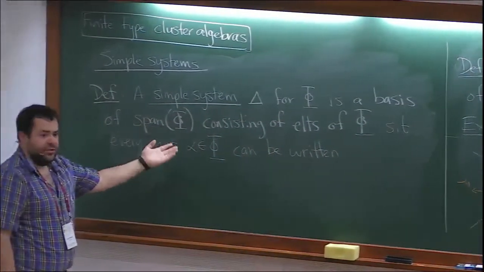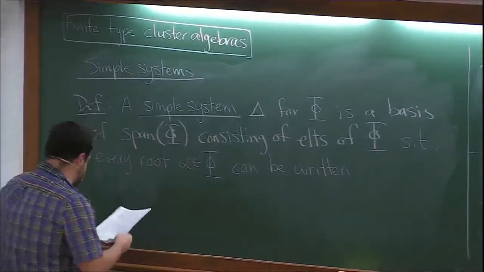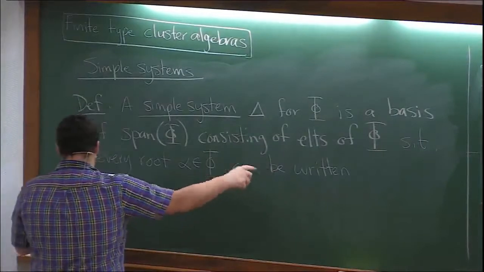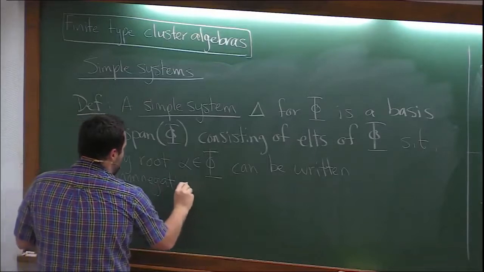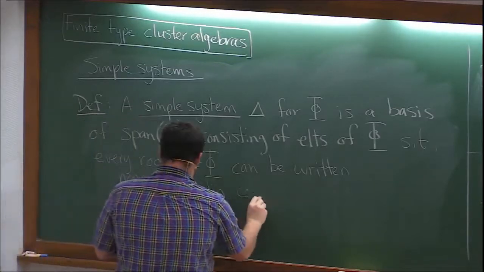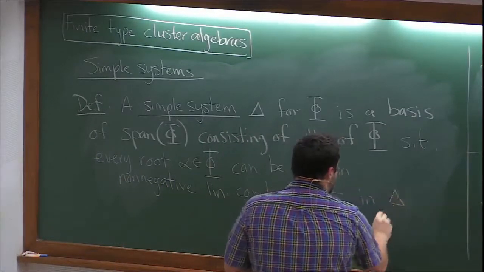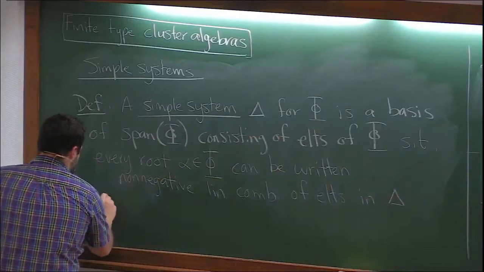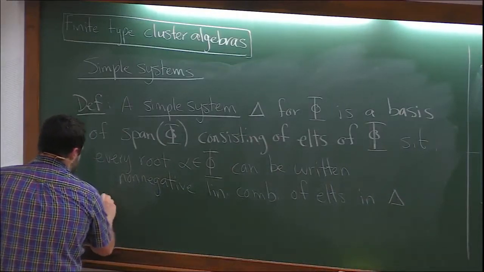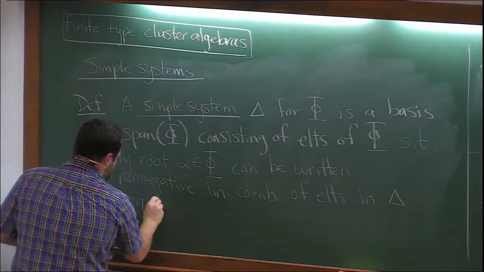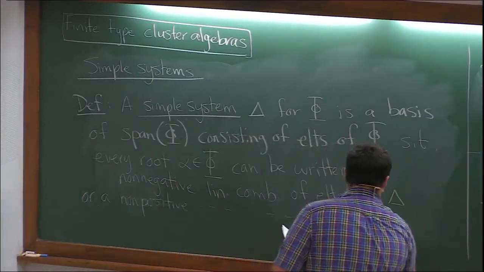So it's a collection of roots so that I can take any root and write it as a linear combination in a nice way. By a nice way, I mean I can write it as a non-negative linear combination of elements in this set, or a non-positive linear combination of elements in here. Okay?